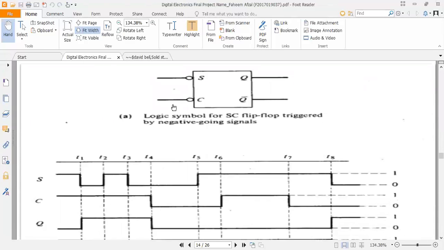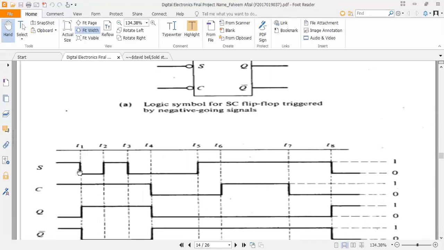Here you can see these bubbles. So it is a negative edge flip flop. It will work on the falling edge. When S is high and clock is also high, the output remains low. It remains low until the falling edge came.